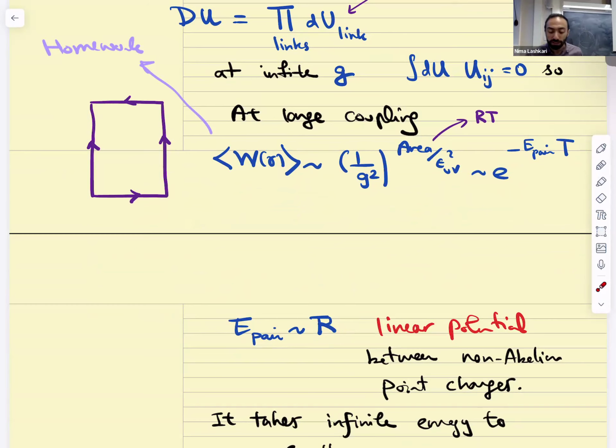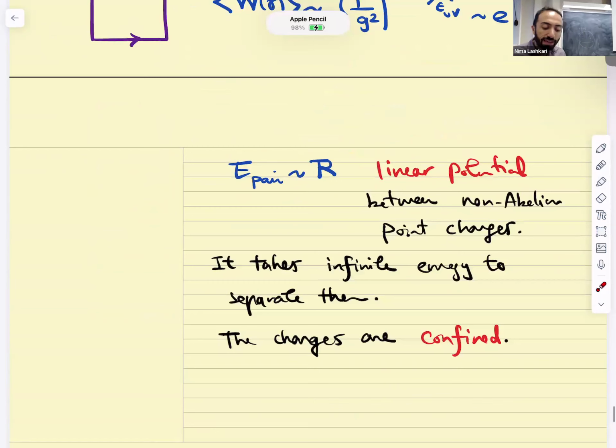That's a linear potential between non-abelian point charges. So it takes infinite energy to separate charges. Charges are confined. This is a really physicist-y argument for confinement. For better or worse, it's one of the best we've got.